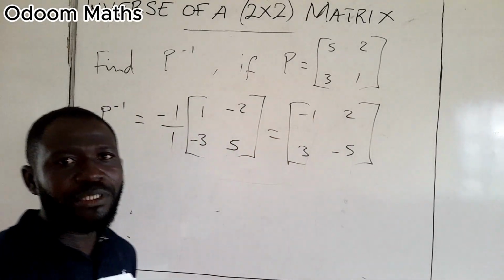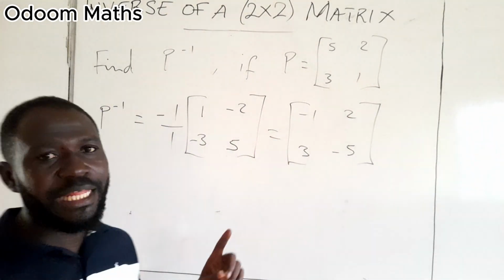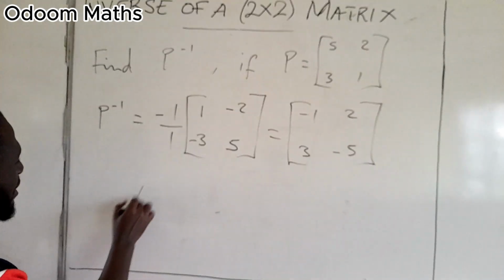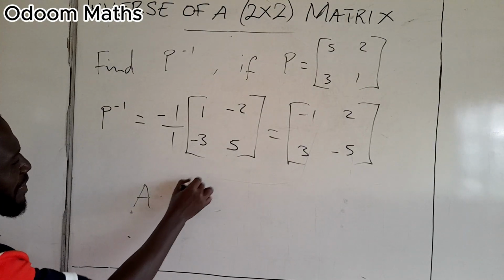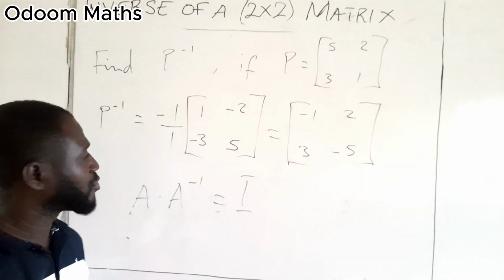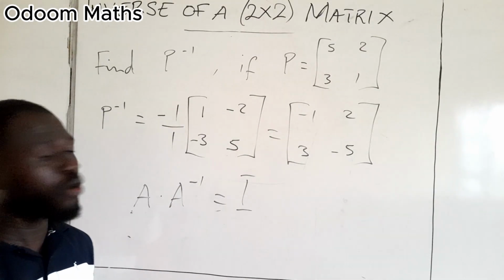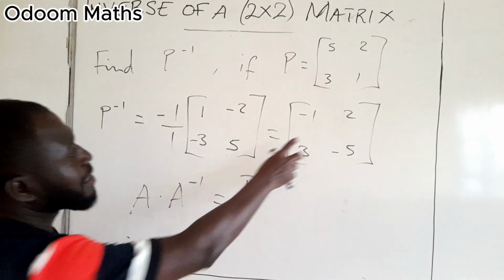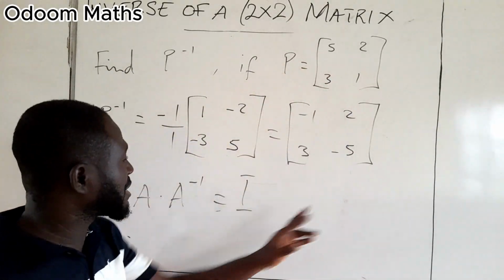Okay, now I want us to continue to check whether, as I said earlier, matrix A times its inverse should give us the unit matrix or the identity matrix. So we can multiply the matrix P and its inverse to get the unit matrix.